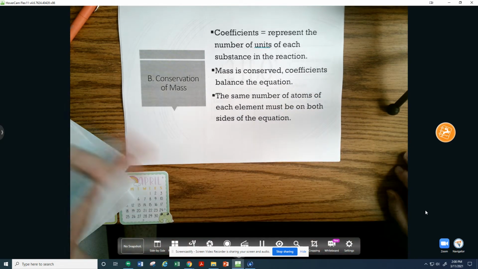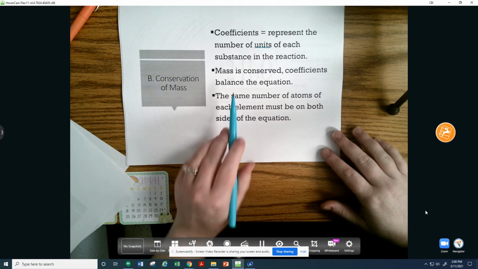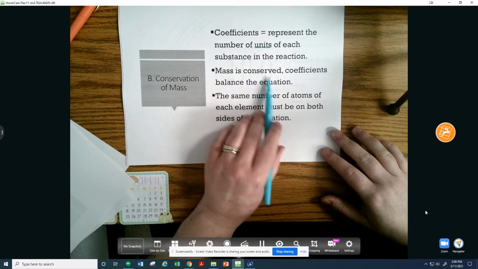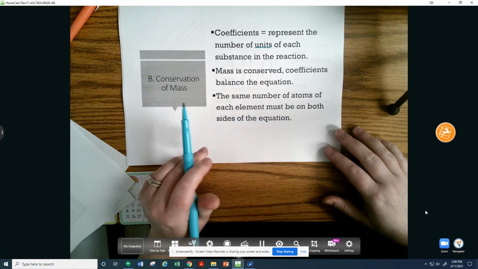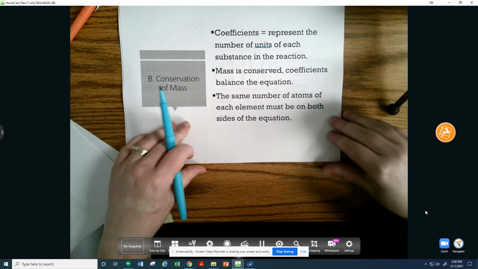Chemical reactions are going to carry over into our next unit, moles, and into the wonderful collaboration that is stoichiometry, where we look at moles or quantities of matter. So we're going to get back into the math pretty soon. Mass is always going to be conserved, and so coefficients are added to balance the equation. If you start with 5 atoms of hydrogen, you must have 5 atoms of hydrogen on the product side.